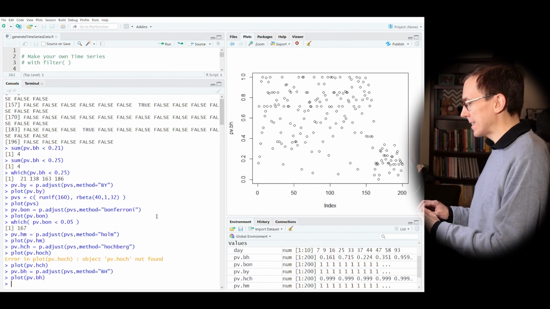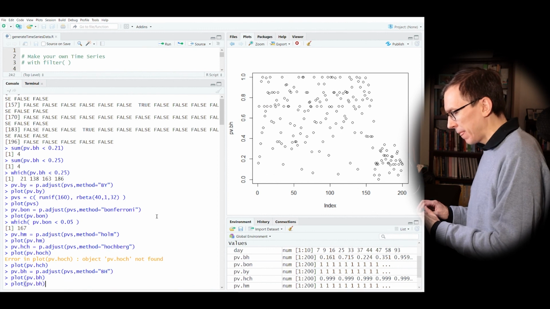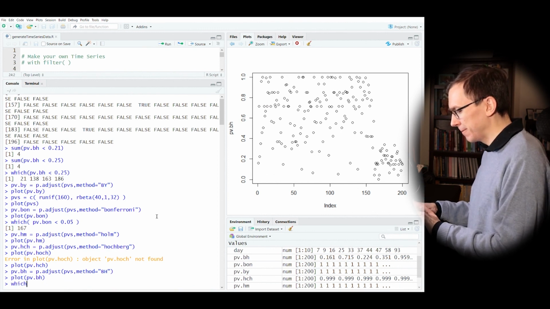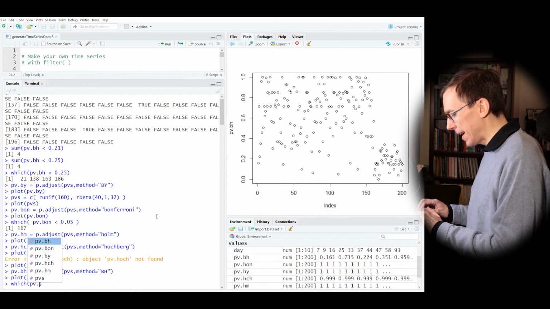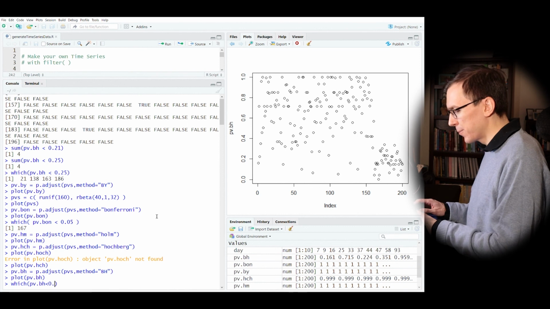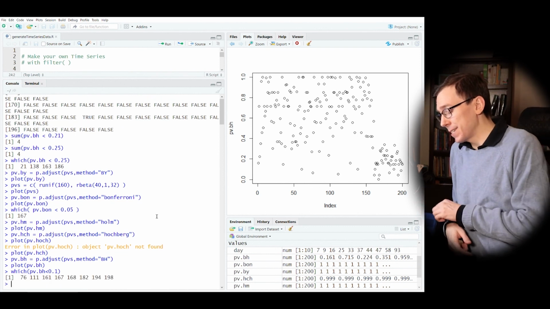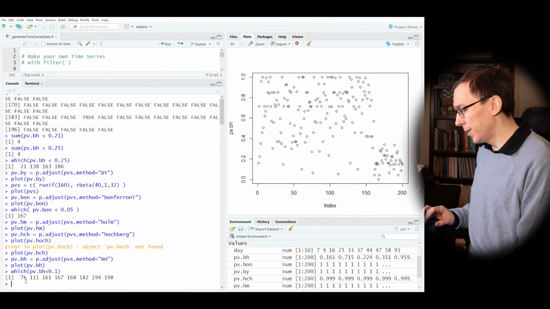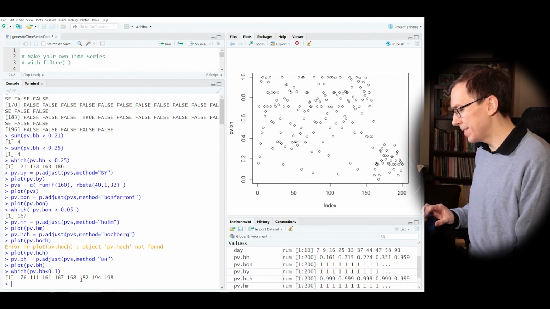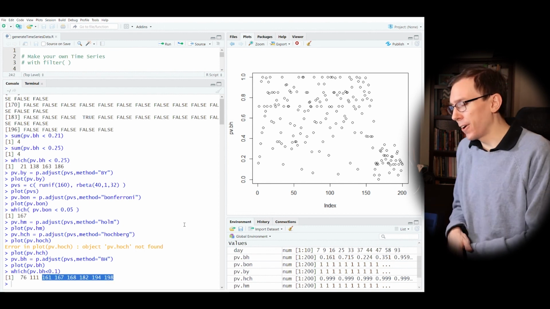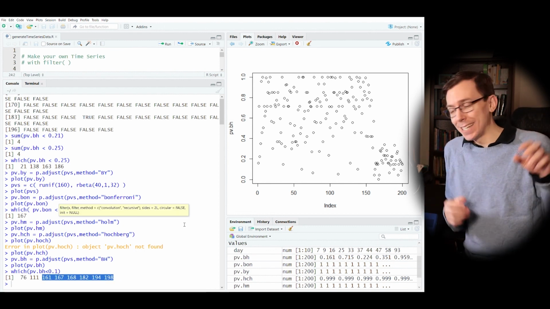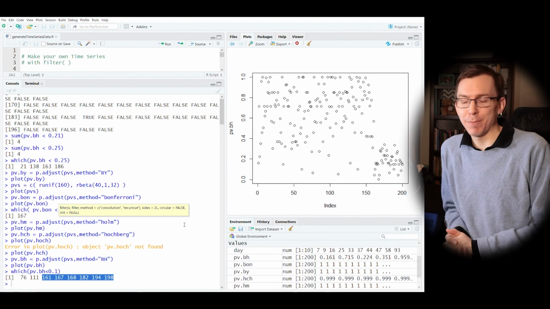All right, now we got something to work with. So if, for example, we decided to say, let's say which p-values are less than 0.1. So at a false discovery rate of 10%, what do we get? Well, we get 1, 2, 3, 4, 5, 6, 7, 8 rejections, 6 of which are true positives and 2 of which are false positives.